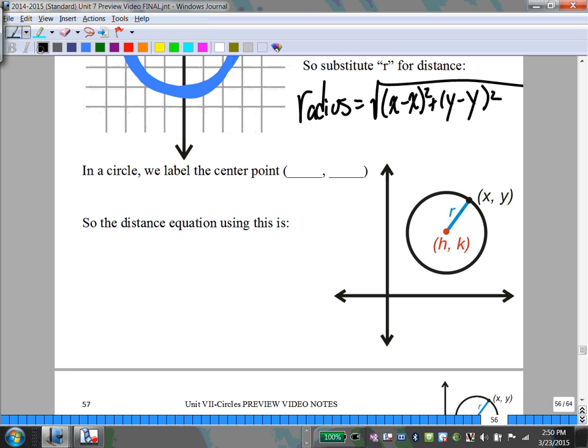Specifically, distance in a circle is the distance from a point on the circle, which we call x, y, and the center of the circle, which we use the specific letters h, k. So a point on the circle is x, y, and the center is only the coordinates h, k. So h, k are the x, y coordinates of the center.